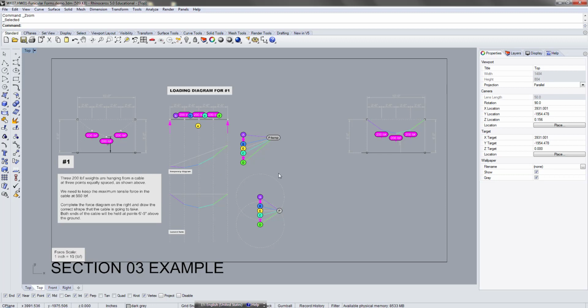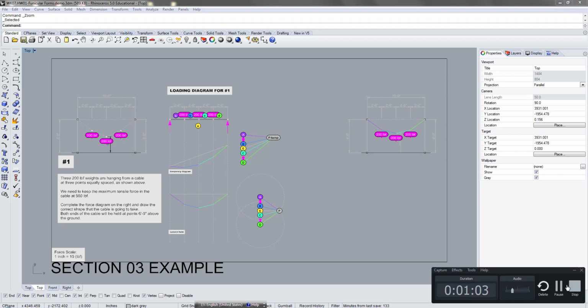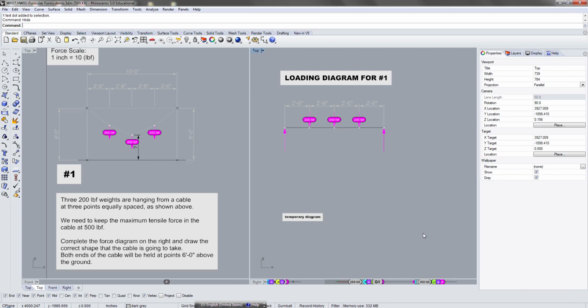Here are the steps again, but we're going to start from the temporary diagram and adjust it to the correct diagram. So again, we start from the loading diagram and name the areas alphabetically. We'll draw these lines.